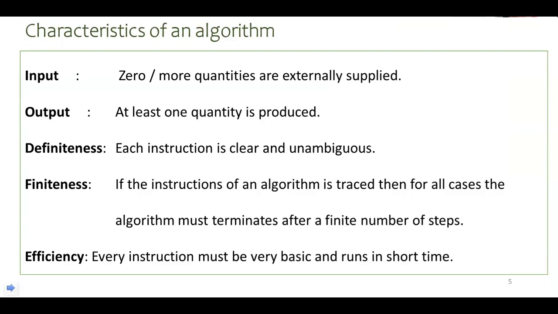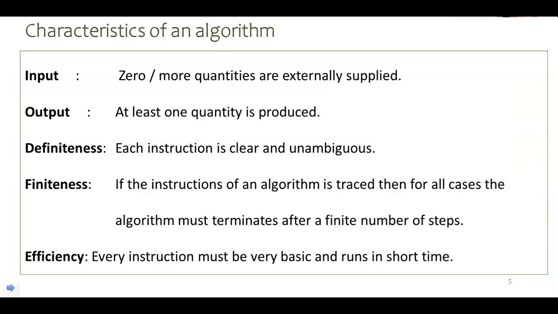For any algorithm, it needs to satisfy all these characteristics. So what are the characteristics? Input, output, definiteness, finiteness, and efficiency. Now input: your algorithm is going to take zero or more quantities that are externally supplied.